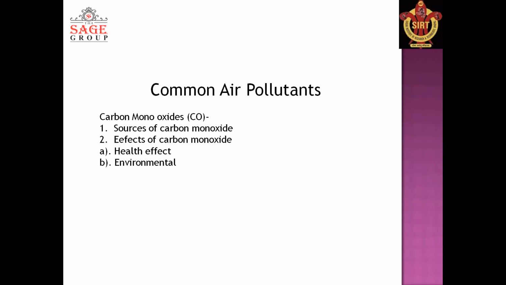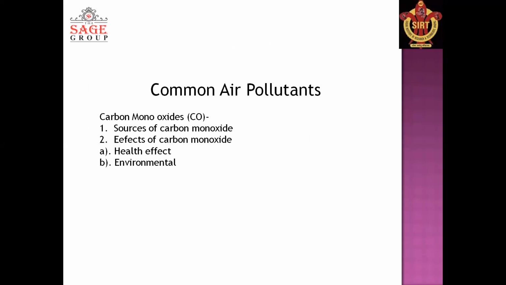Then let us discuss some common air pollutants. I will take only one example of a common air pollutant, that is carbon monoxide. For carbon monoxide, we discuss the sources and the effects. First, what is carbon monoxide?